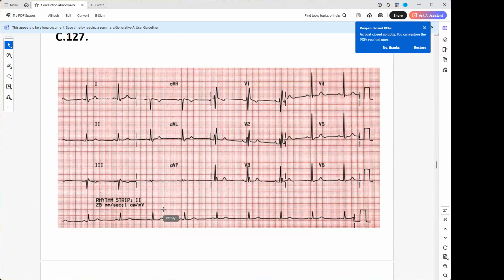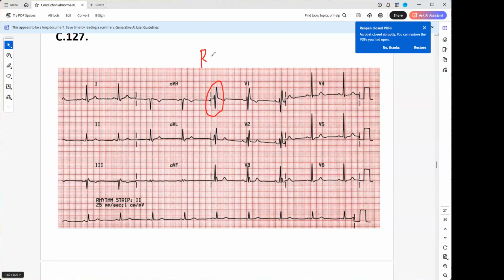Your turn. So we see a rhythmic pattern. We can see five blocks between the QRS waves. So it's 60 per minute. We see lead one is positive and AVF is positive. So it's normal axis. We can see also that in the V1 we have a right bundle branch block.